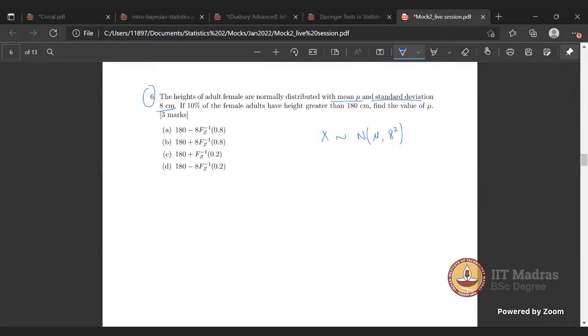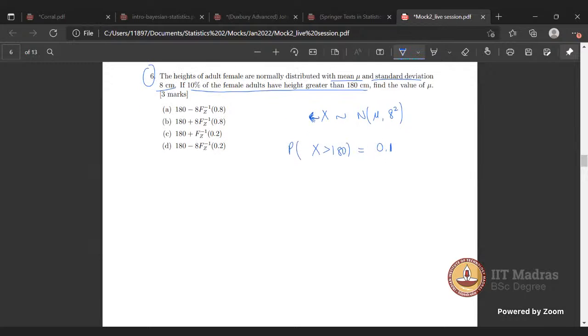If 10% of the female adults have height greater than 180 centimeter, what is the value of mu? So probability that x is greater than 180 is 10%, meaning 0.1.